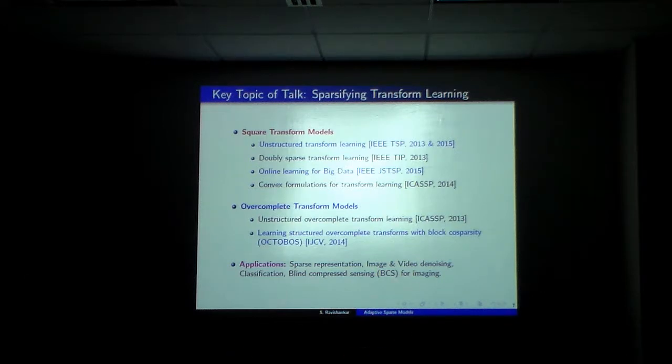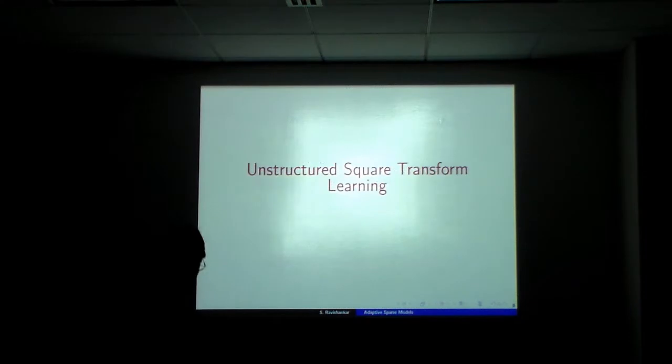We have explored several applications: plain sparse representation of signals or images, image denoising, video denoising, classification, compressed sensing, a bunch of different applications, and depending on whether time permits, I'll talk about some of these.